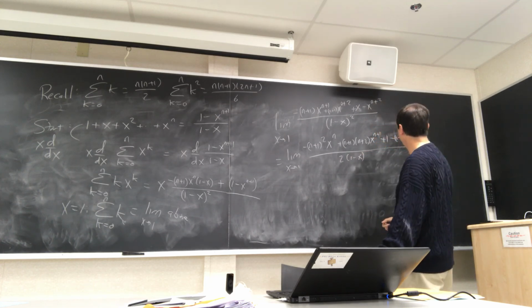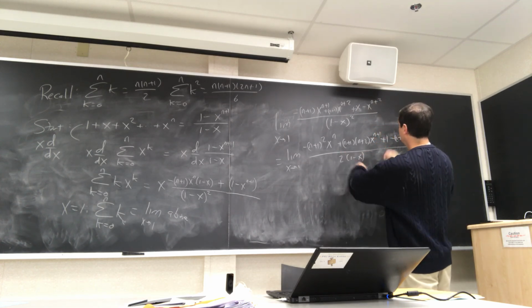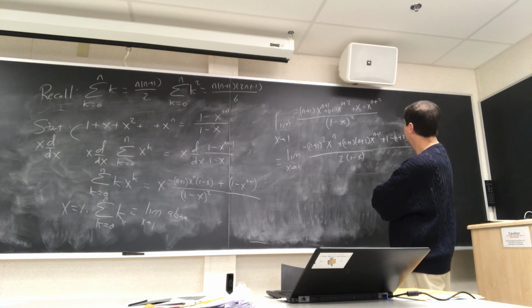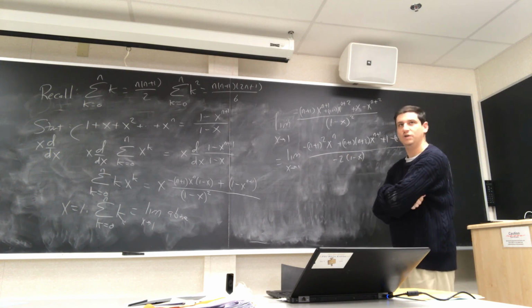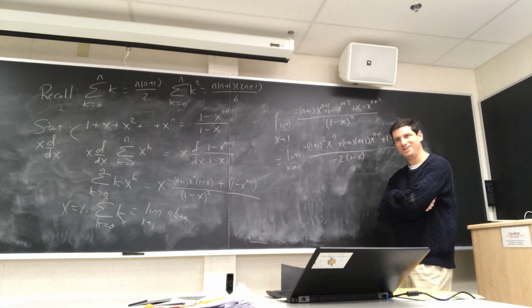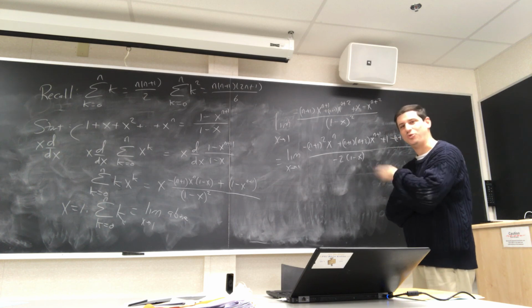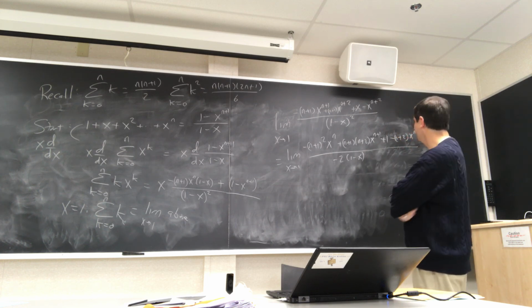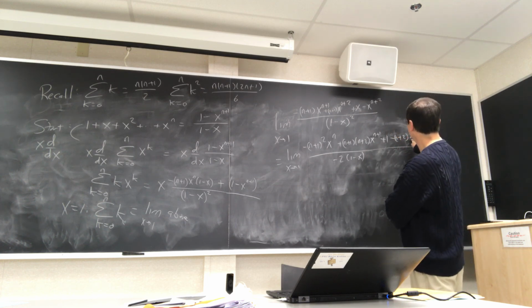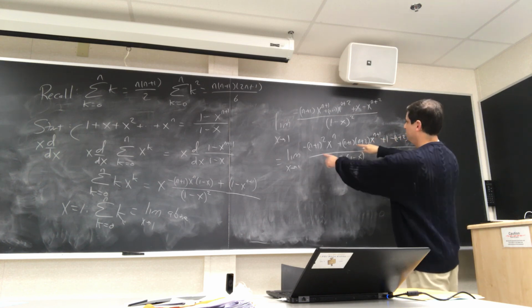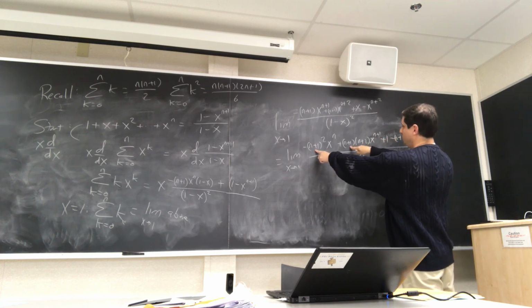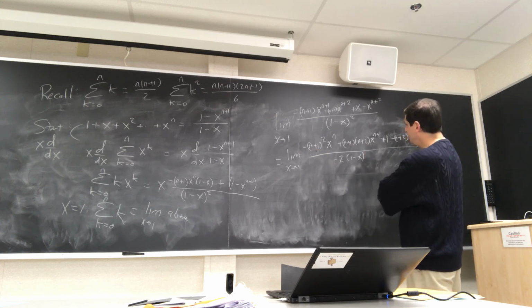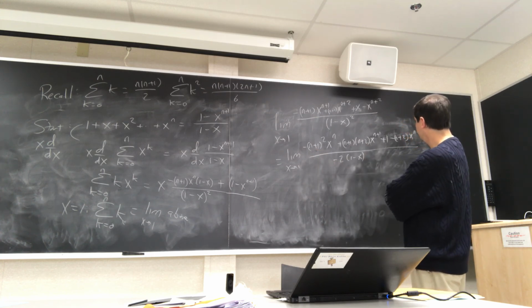When we take x equals 1, we have an n plus... Shouldn't it be negative on both? No. Yes. It won't matter because we have to take another derivative. Oh. So if I make the mistake twice, I'm okay. But you're right, it should be negative. So if I now take x equals 1, we get n plus 2, n plus 1, n plus 2. So I can pull this out, and then this will become n plus 1 times n plus 1.